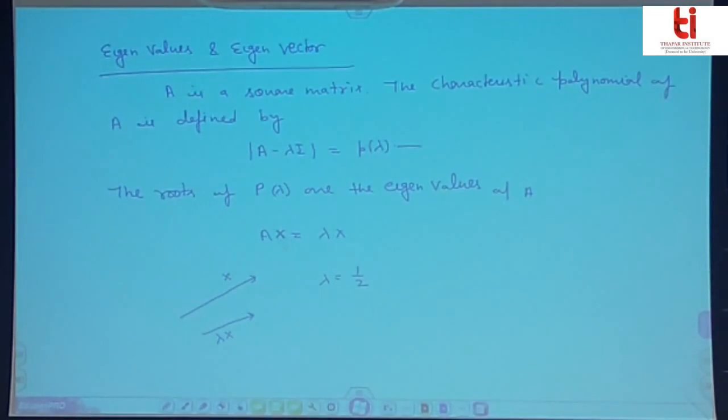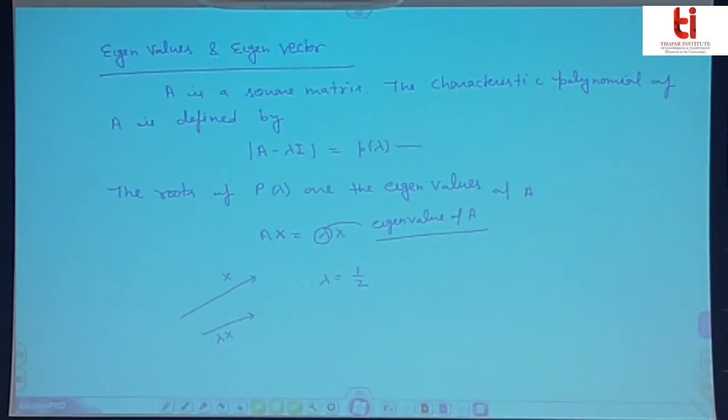Just keep in mind x is a vector and A is a matrix. A is transforming the vector x into lambda times the original vector x. Whatever number is multiplied to the original vector x is called the eigenvalue of the matrix.